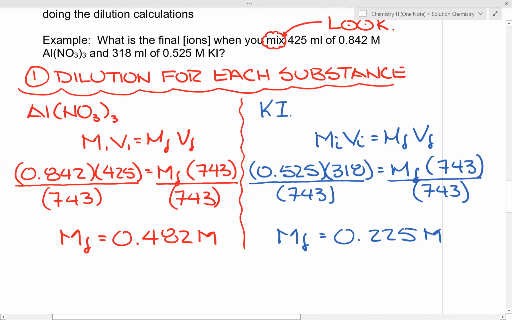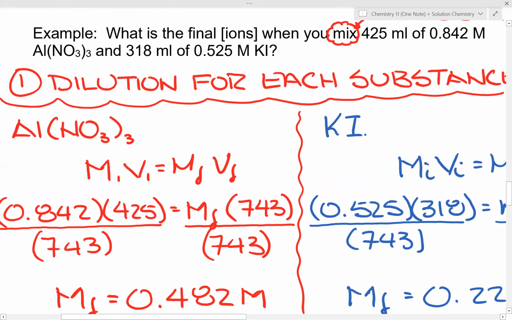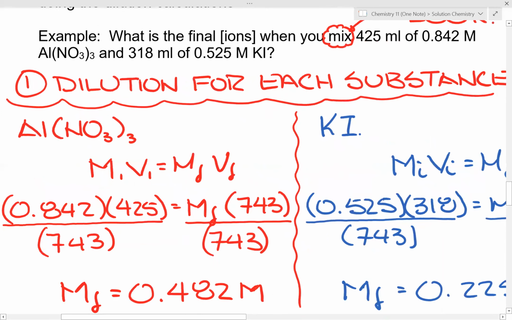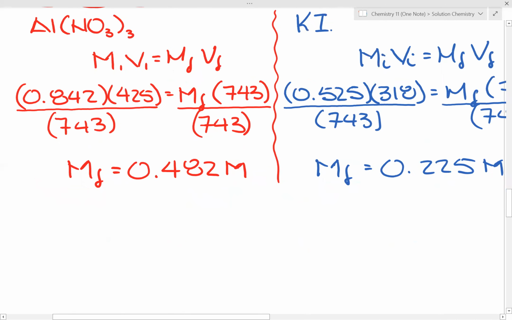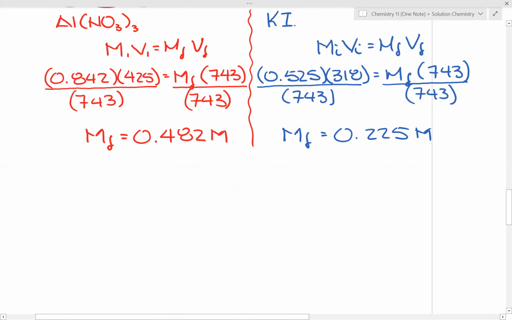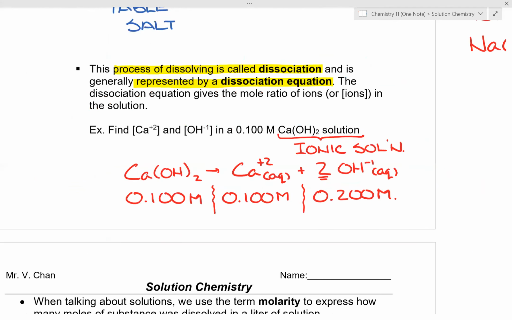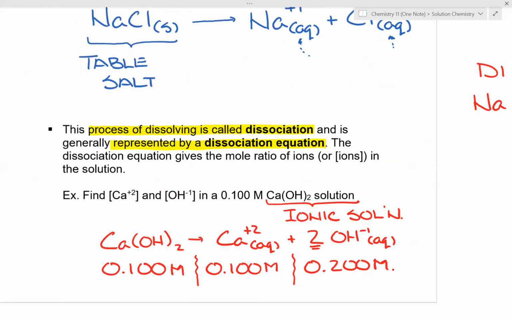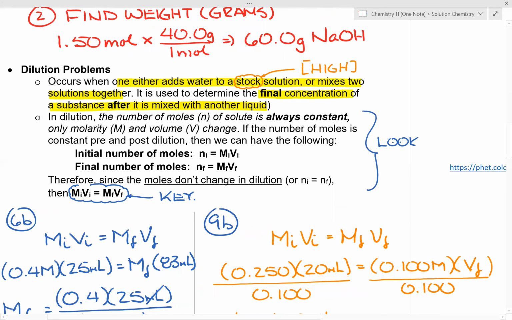Now, remember, what is the question asking for? You're looking for the final concentration of ions. Now, both aluminum nitrate and potassium iodide are ionic, so they both break apart into their component ions. And this goes back to the dissociation equation, breaking apart into its component positive and negative ions.